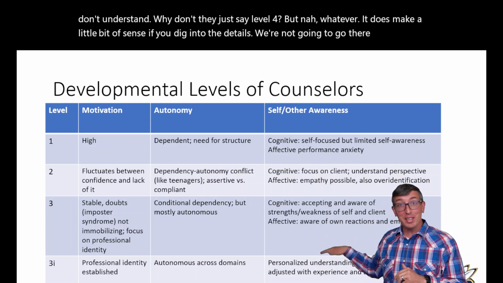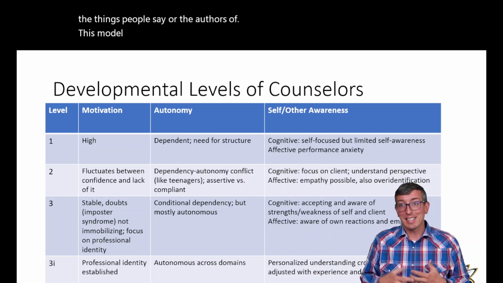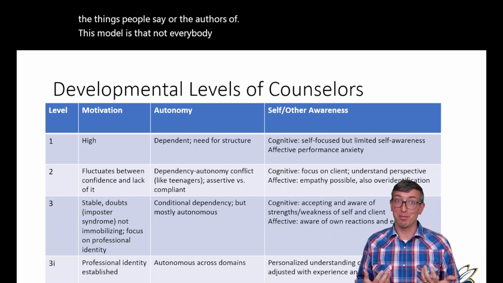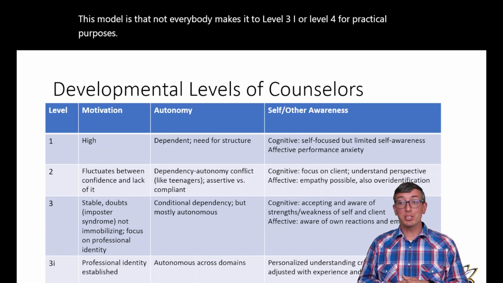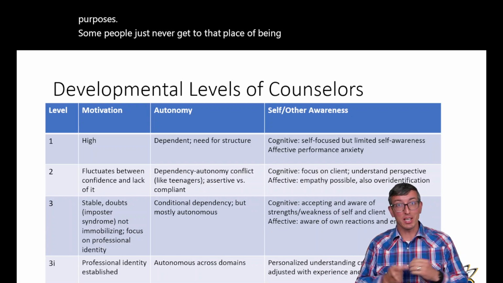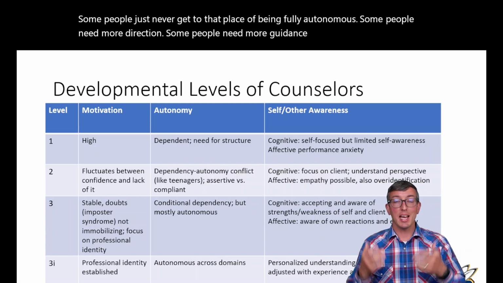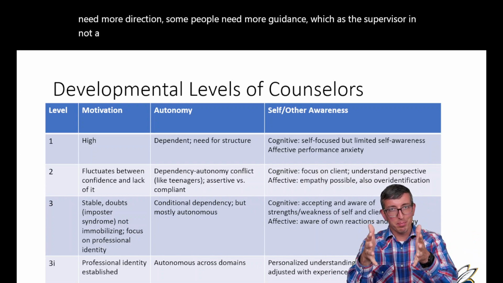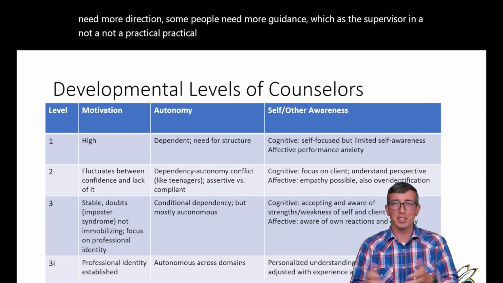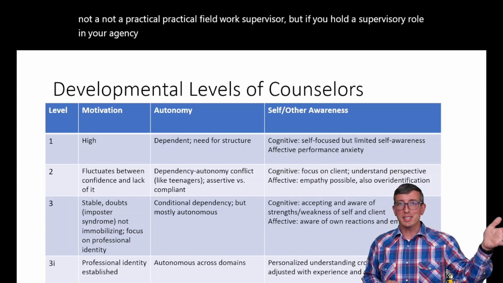But one of the things the authors of this model say is that not everybody makes it to level 3I or level 4 for practical purposes. Some people just never get to that place of being fully autonomous. Some people need more direction, some people need more guidance, which, if you hold a supervisory role in your agency, is where that stuff comes in.